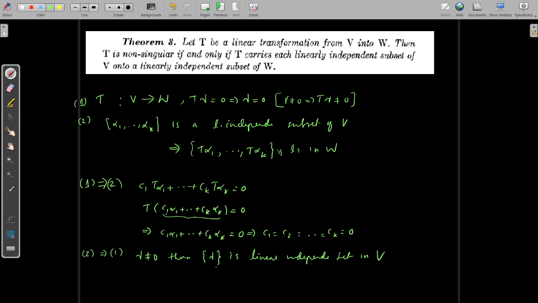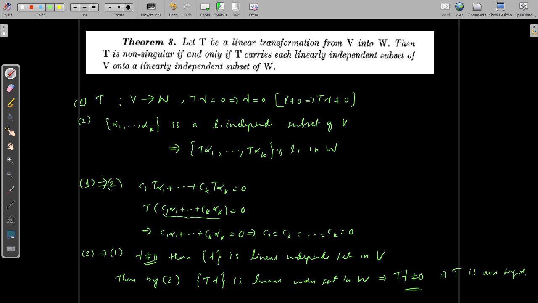So if gamma is linearly independent, then by 2 the set {T gamma} is a linearly independent set in W. Consequently, you get T gamma not equal to 0, since a set containing 0 is always linearly dependent. So we have gamma not equal to 0 implies T gamma not equal to 0. This shows that T is non-singular.